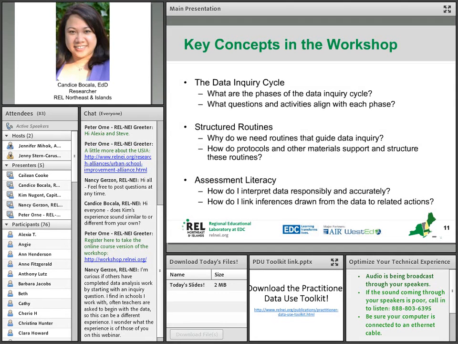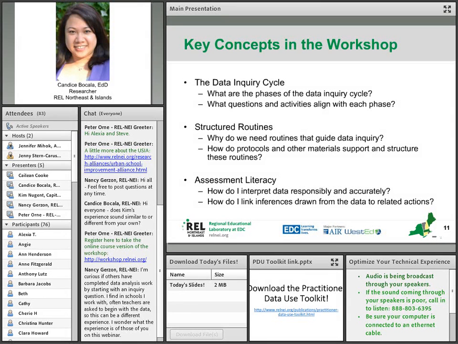And then the last key concept that we reinforce is that assessment literacy covers a lot of different topics, but it includes interpreting data responsibly and accurately. So being able to look at data and draw conclusions that are reasonable, accurate, responsible, and not based on speculation, but also linking those inferences to the action.